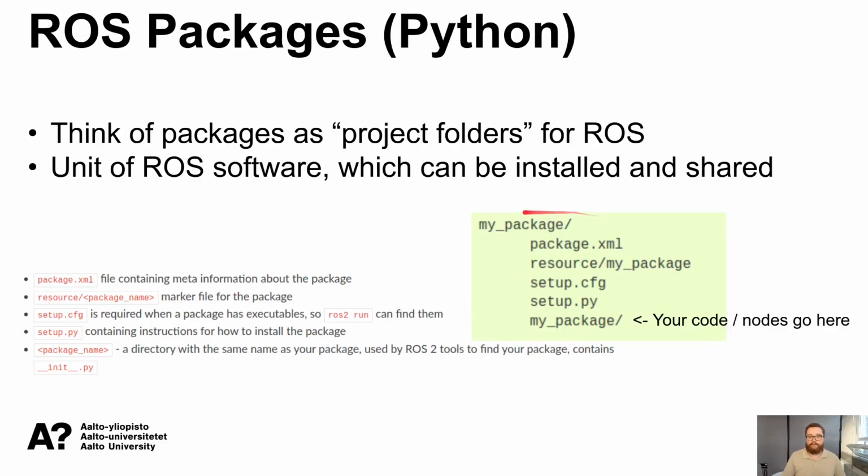You have your package as a folder, and it contains package.xml, which contains meta information about the package. You have resource/mypackage, setup.cfg, setup.py, and then another folder called mypackage within your package, where you have your Python files or your code files directly under that subfolder.